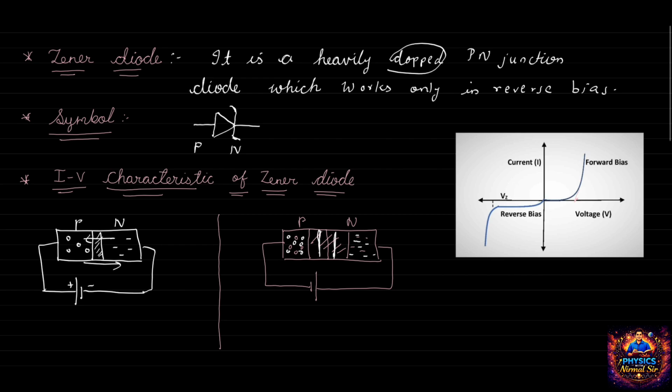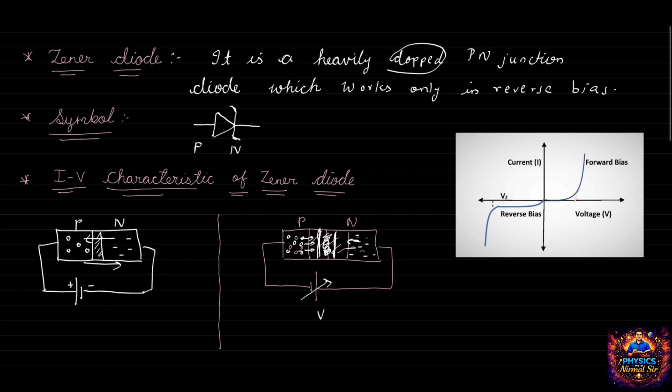They will push in such a direction, and because of that there is a decrease in the depletion layer. Now we have this part as a depletion layer. Understood? Now see what happens.